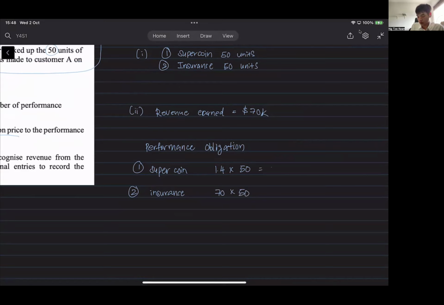And that would give us 70K. This will be 3.5. Okay, and we can compute the total here. So the total will be 73.5 thousand. Okay, and these are the standalone prices, right?